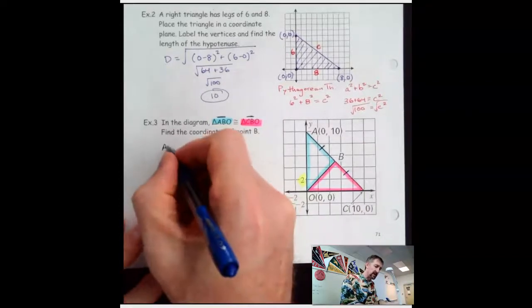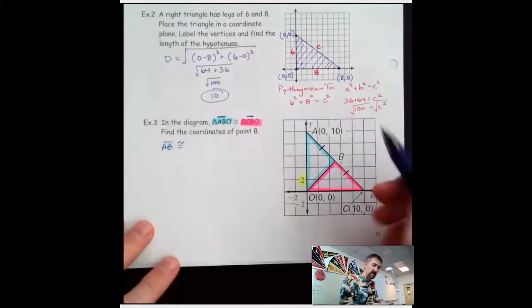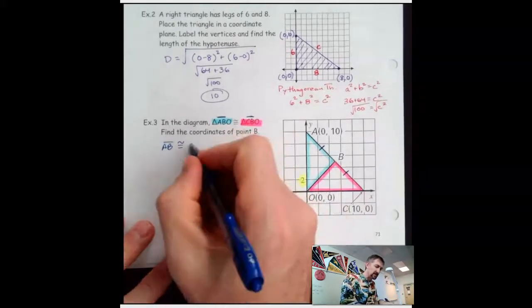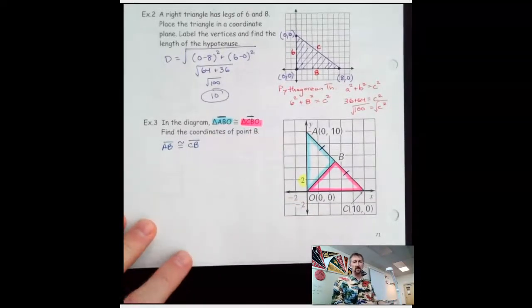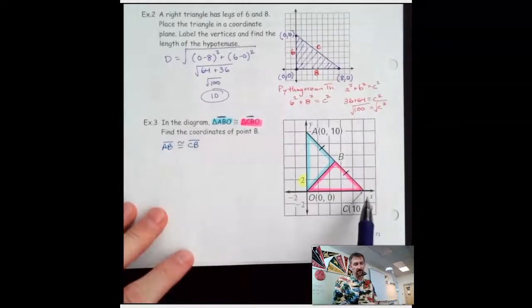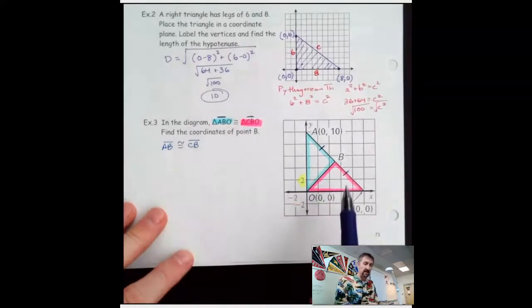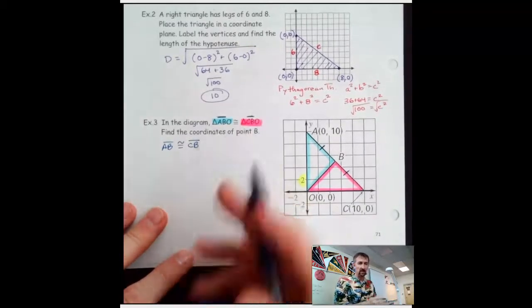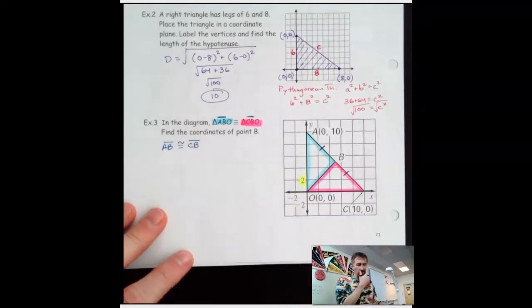So we could say that segment AB is congruent to segment CB. Alphabetical order is not the most important thing. Corresponding parts are. So A goes with C here, A to B, C to B. And the reason we can say that, think about it, you're trying to practice your proof strategies here and work on memorizing some proof stuff.